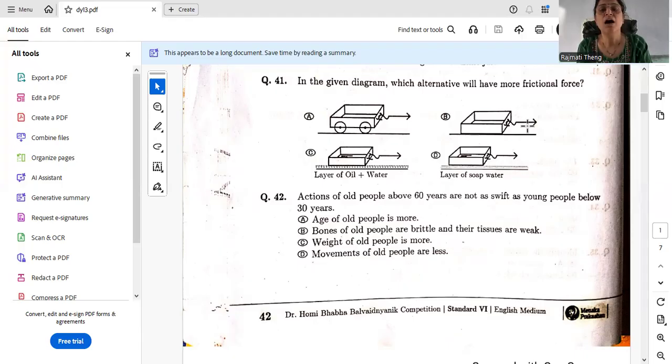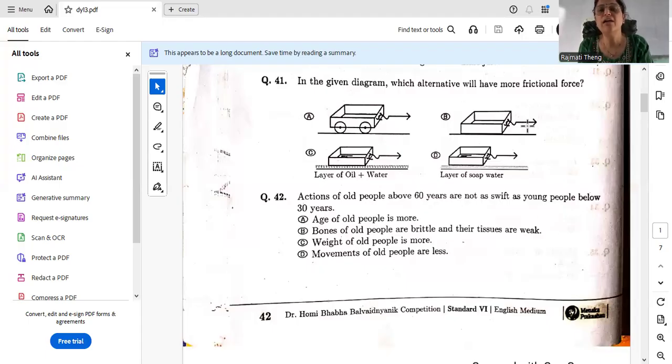Option C, between this matchbox car and the surface there is a layer of oil and water. And D, between the matchbox car and the surface a layer of soap water is given. So question number 41, correct option, that is option B.